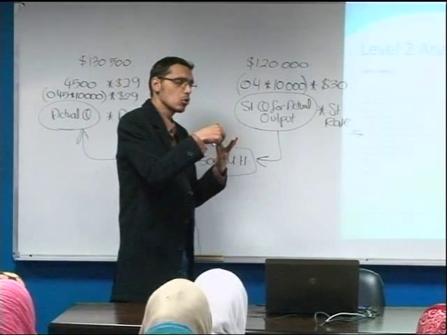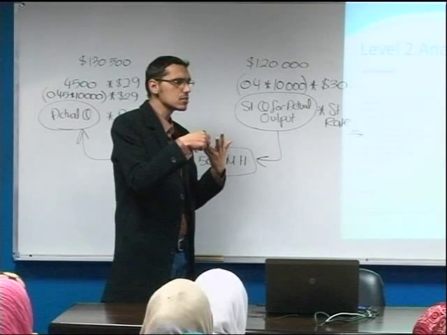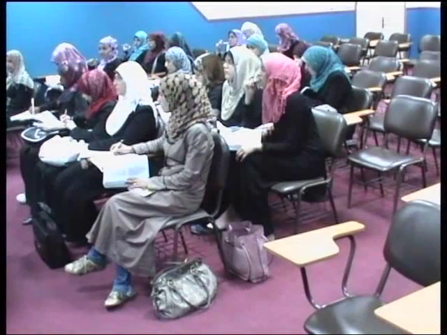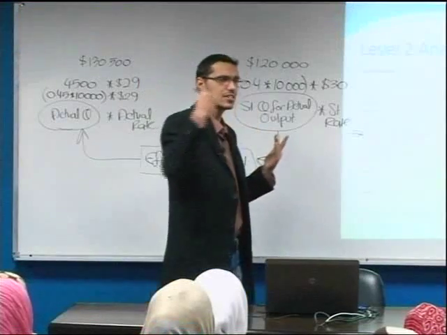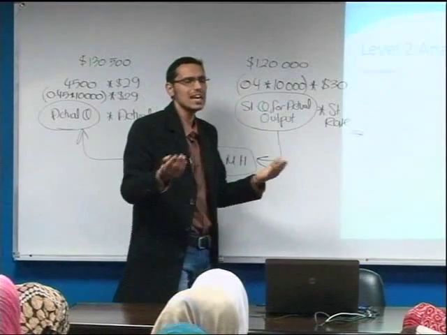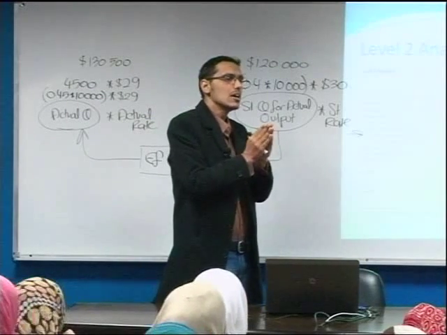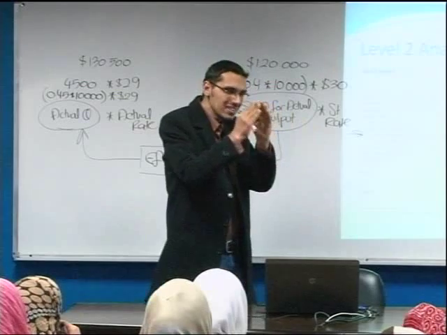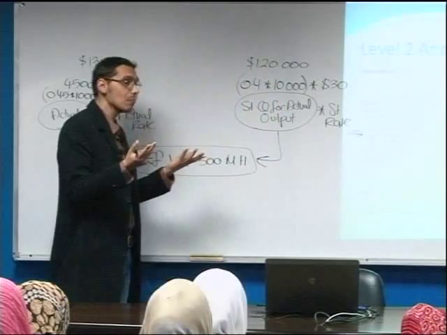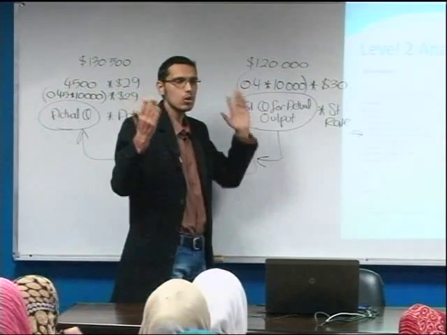What else? Excellent. We might have a problem in setting the standard itself. We said that each unit needs 0.4 machine hours. Maybe the building of the standard had some problems, and the actual amount was more realistic than the 0.4. It could be.